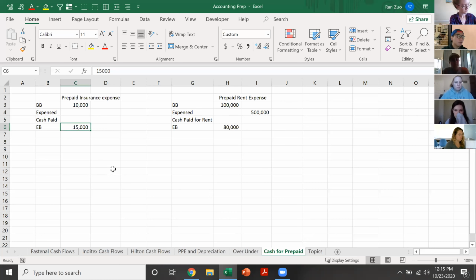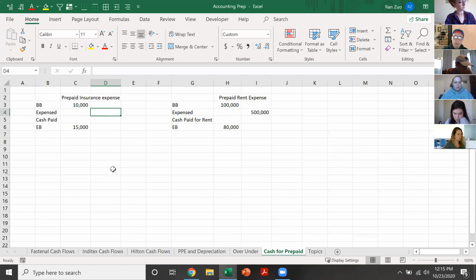What presumably did you do during the year? What did you do with that gift card? You put money in. Put 5,000 more on it. Yeah, you put $5,000 more into this gift card for insurance expense, right? So your cash paid is $5,000.